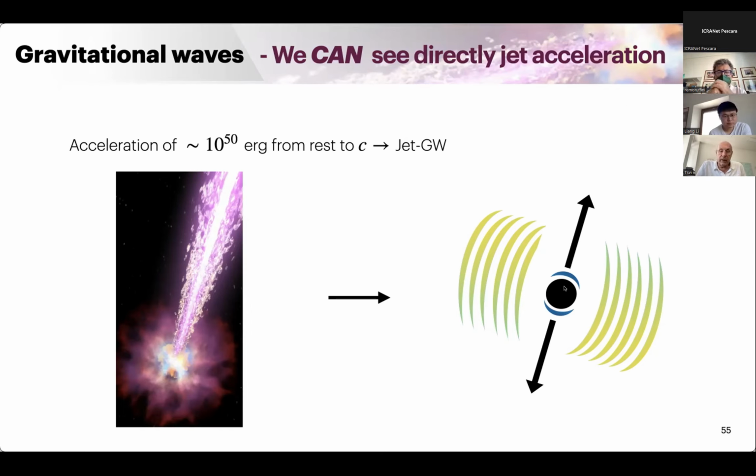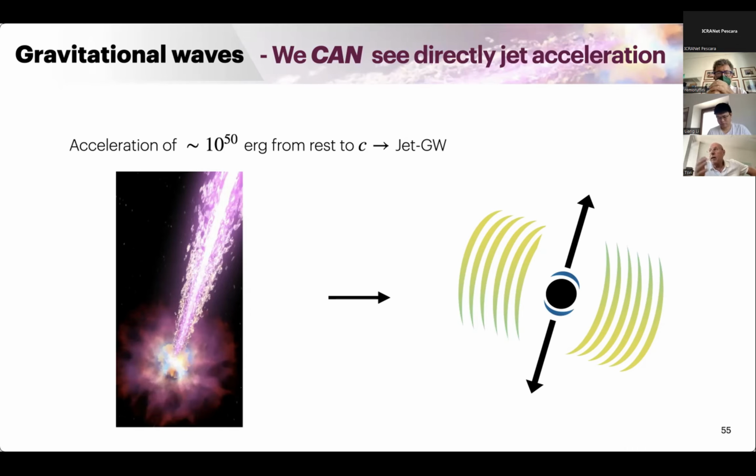If you have a jet, you take some material or some energy density, it doesn't matter, and you accelerate it from rest to relativistic velocity. And you accelerate it in a very asymmetric way because it's a jet.